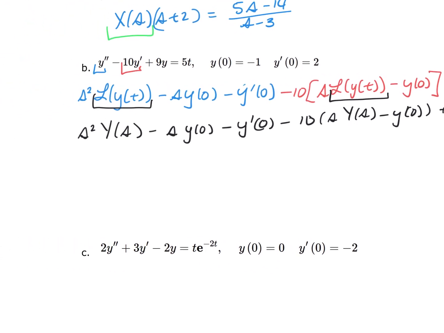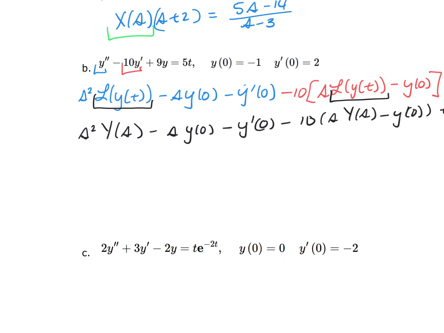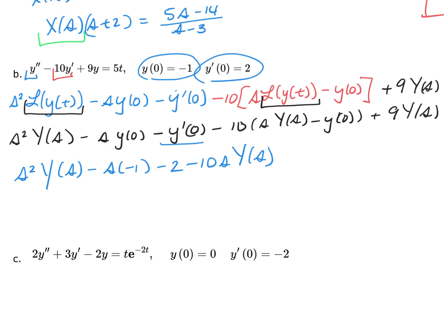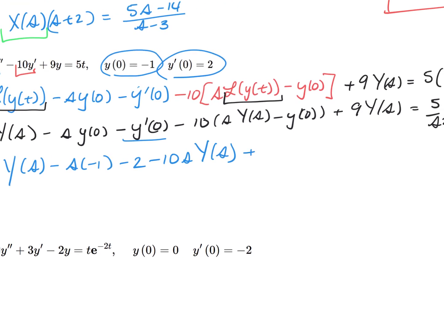All right. Now, I'm going to go back and do the replacements for the initial conditions. So y of 0 is equal to negative 1. This becomes s squared Y of s minus s multiplied by negative 1 minus, that gets replaced with 2, so minus 2, minus 10 s cap Y of s plus, and then y of 0 gets replaced with negative 1 multiplied by negative 10.